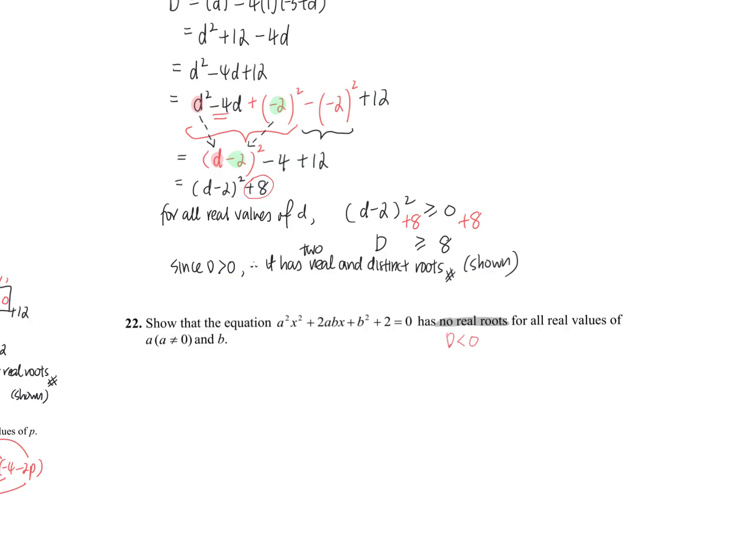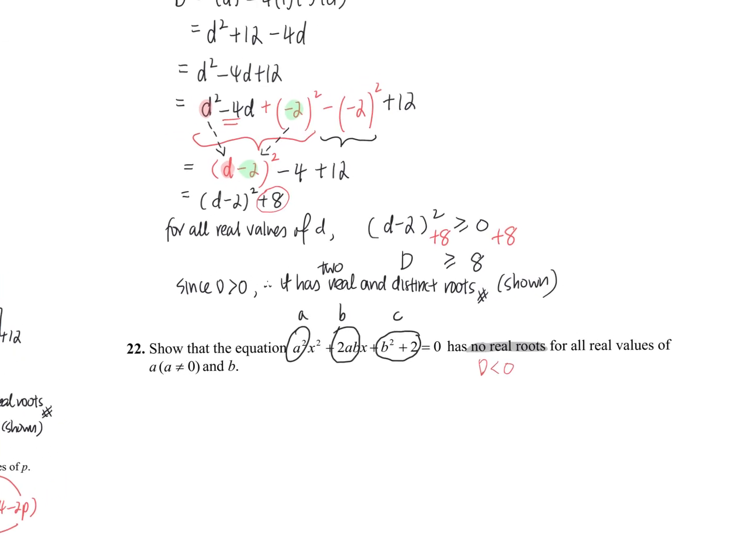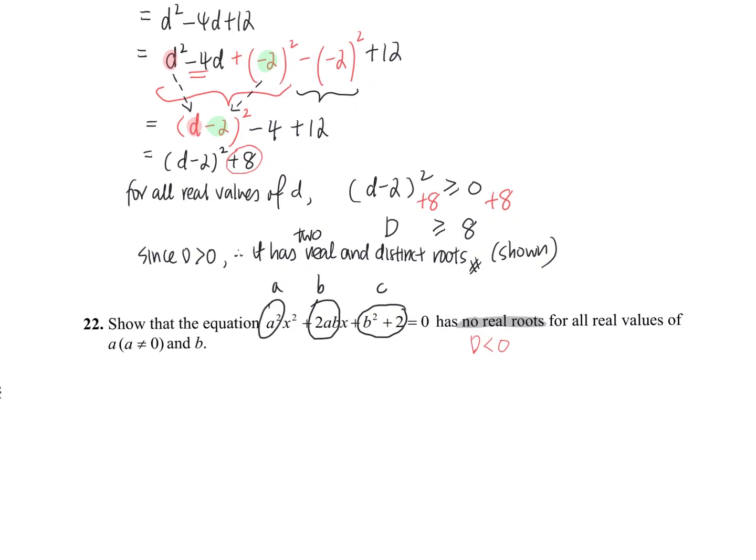So your A in this case is A square. This is your A. Your B is this whole thing. And then your C is this whole chunk. So make sure you tidy them up first before you deal with the question. So go and find discriminant. B square minus 4AC.